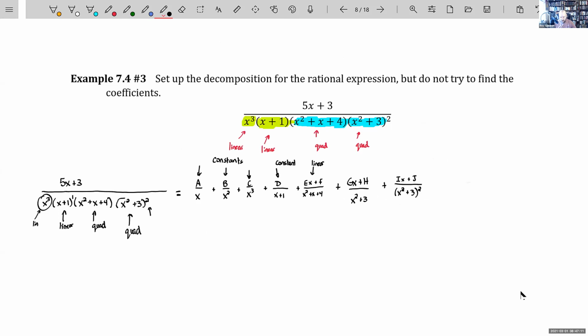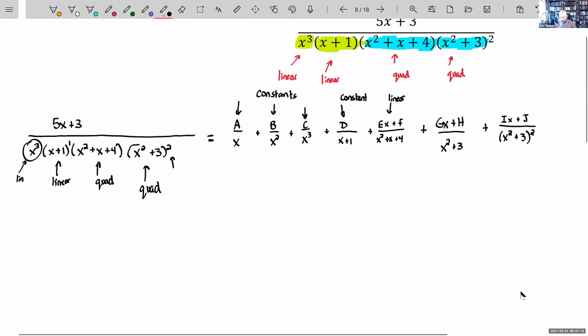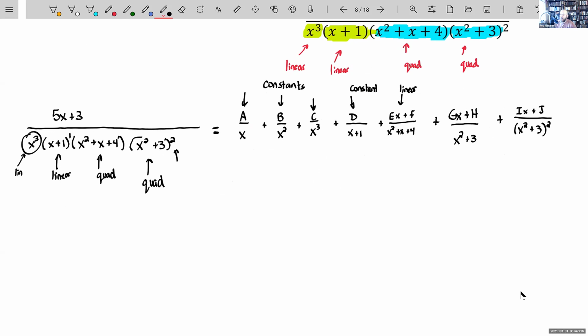This is the beginning of the complete decomposition of that single fraction into 1, 2, 3, 4, 5, 6, 7 subfractions. Some of those will have zeros as numerators, and some of those will not. But this is the beginning of how you do that process.